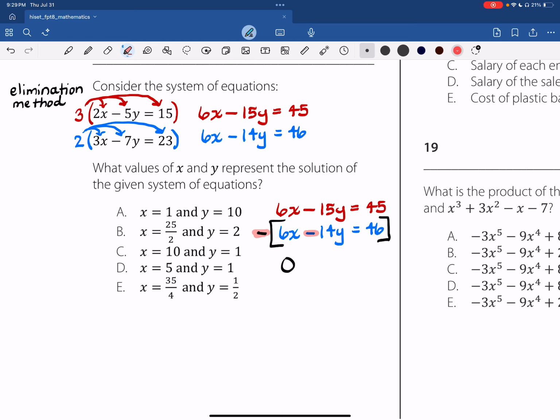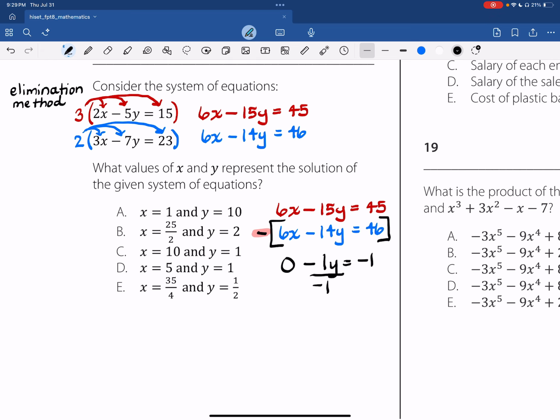So negative 15y plus 14y is going to give you a negative 1y. And then 45 minus, you don't want to lose that negative sign, 45 minus 46 is negative 1.